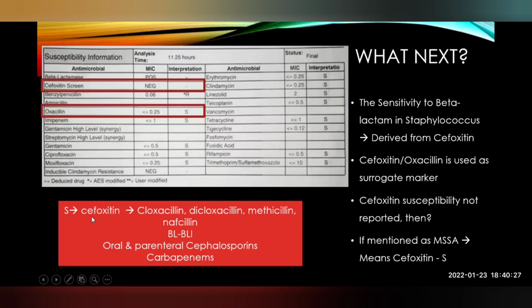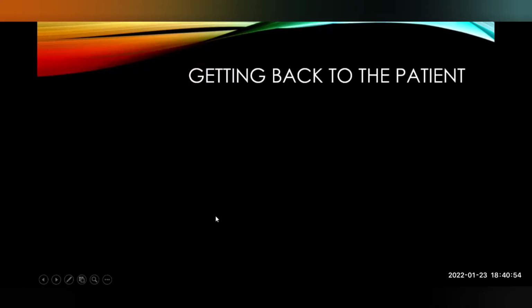So if it is reported as cefoxitin sensitive, it is sensitive to all of your beta-lactams like cloxacillin, methicillin, nafcillin, your BLBLI, oral and parenteral cephalosporins, and your carbapenems. Suppose your lab is not reporting cefoxitin sensitivity but is just reporting MSSA. MSSA indicates that the cefoxitin screen is negative, so you can consider it as sensitive to all these antibiotics.